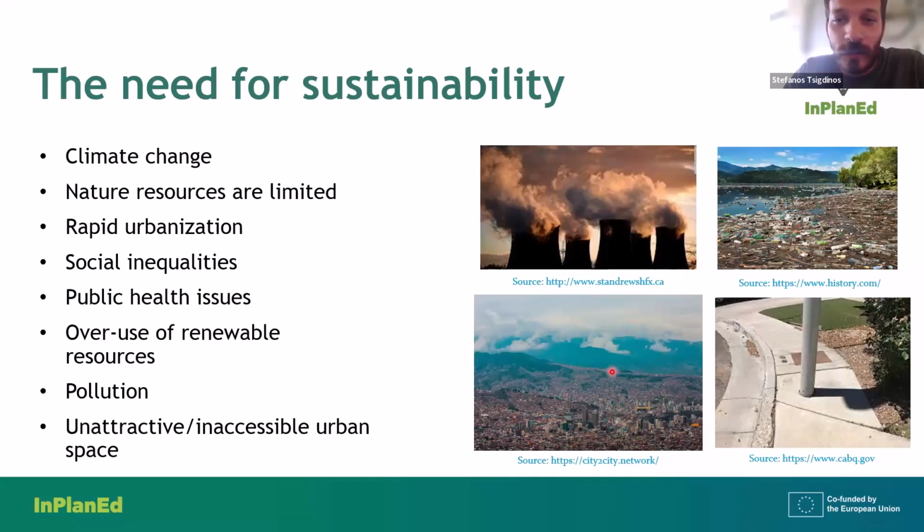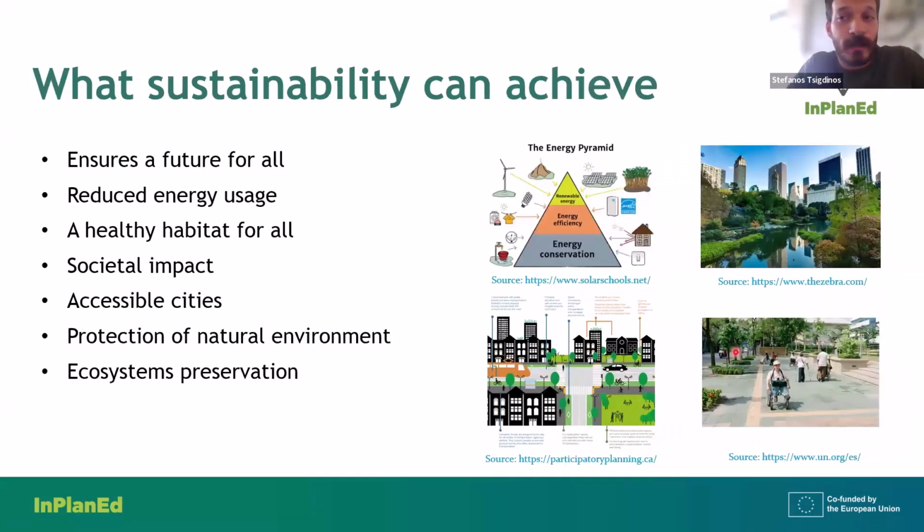This is a sort of urbanization, but we also have, especially in urban areas, unattractive places, inaccessible spaces, and also places that exclude many people from walking and, in general, from interacting with others. So these are some major problems that we have to take into account and promote sustainability. What can we achieve through the sustainability concept?